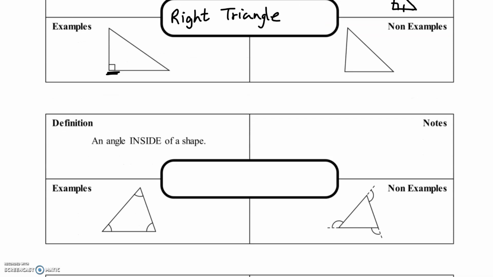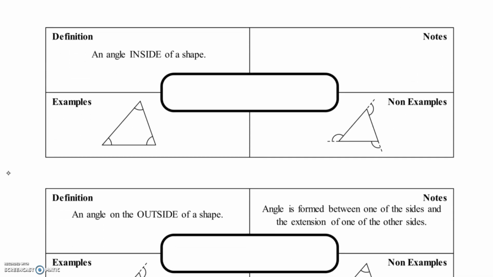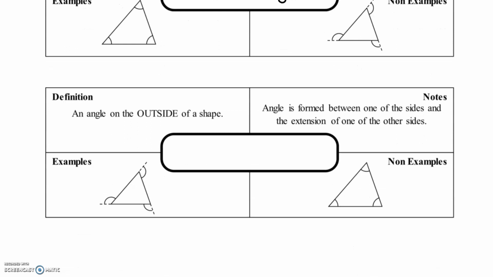And for the scalene, we would have all three sides a different length. All right, the last two definitions are about angles inside and outside of a shape. Angles inside a shape are called interior angles, and angles outside of a shape are called exterior angles.